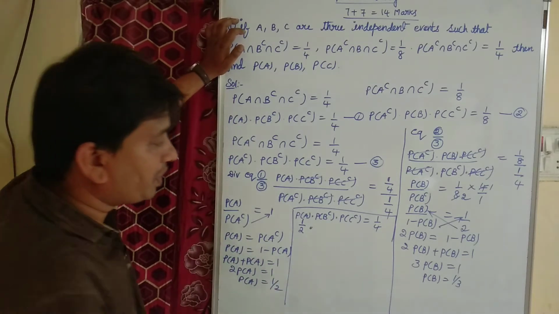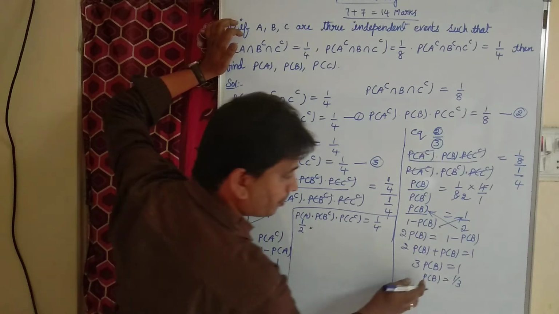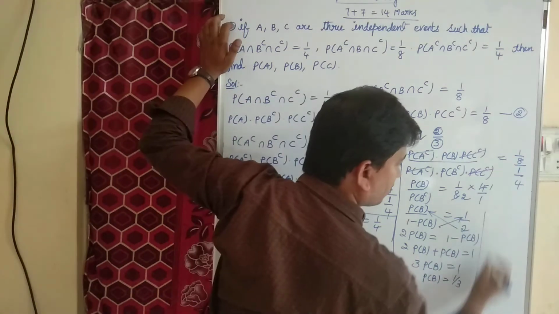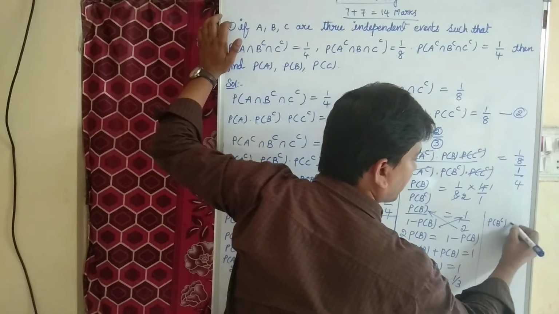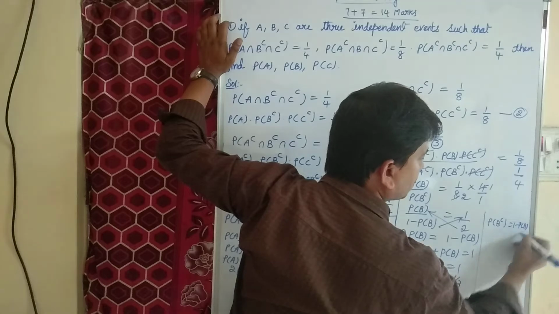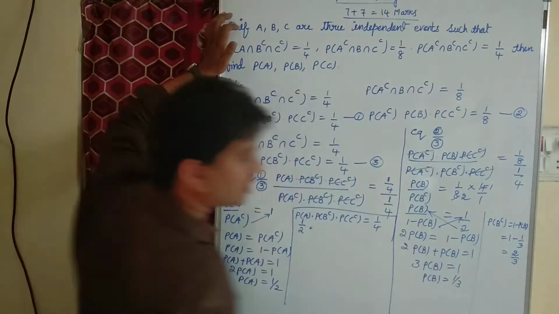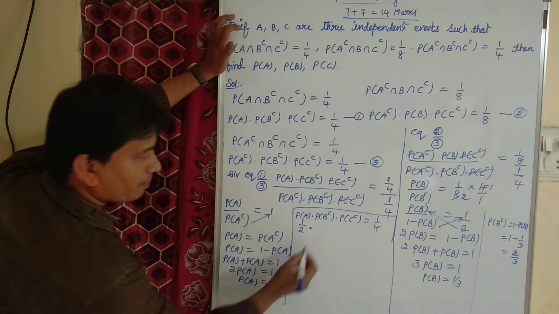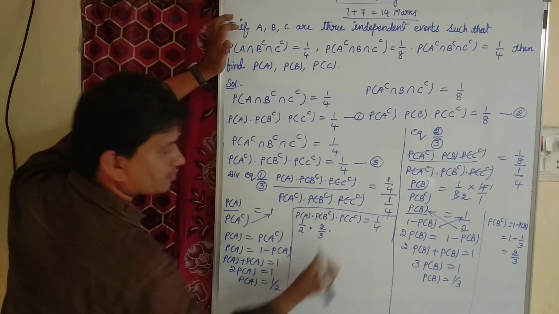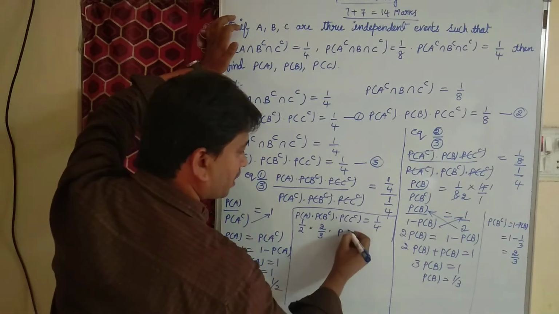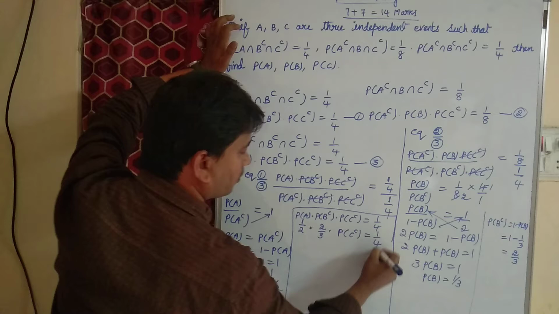What is P(B cap)? P(B) equal to 1 by 3, then P(B cap) is nothing but 1 minus P(B), I mean 1 minus 1 by 3. 1 minus 1 by 3 how much, children? 3 minus 1, 2 by 3. So P(B cap) value is 2 by 3, into P(C cap) equal to 1 by 4.